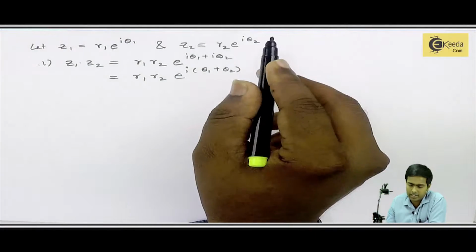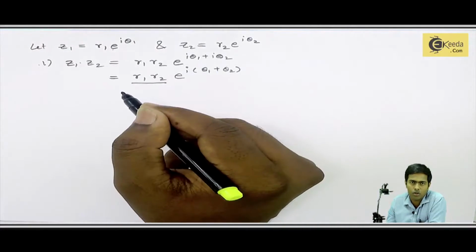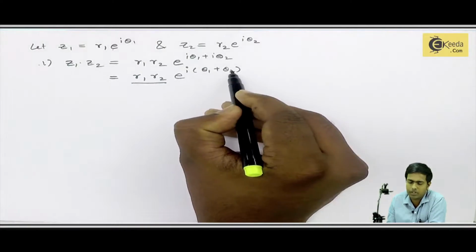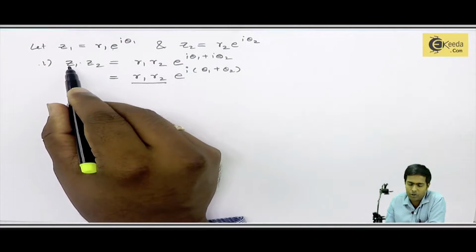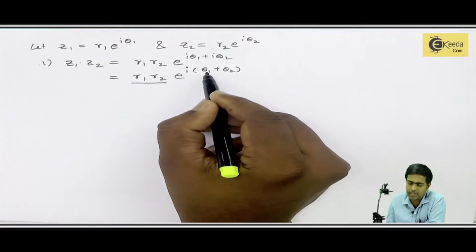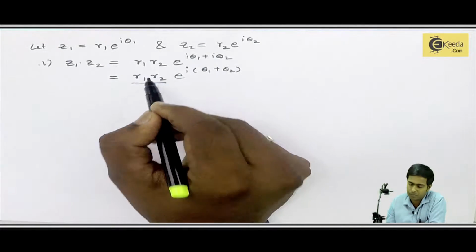So here you can see now r1 r2 is our new modulus and theta 1 plus theta 2 is the new argument. So the argument of z1 into z2 is theta 1 plus theta 2 and the modulus is r1 into r2.